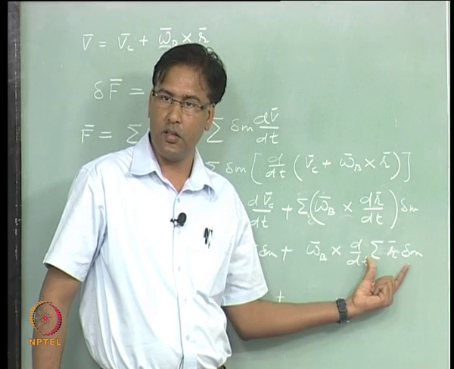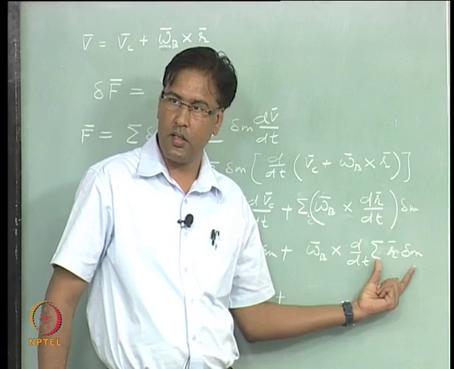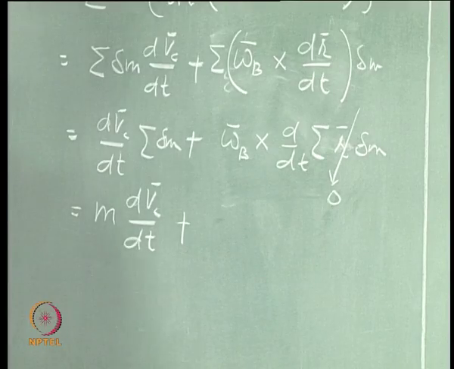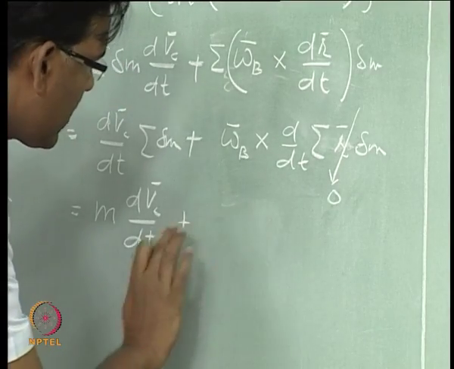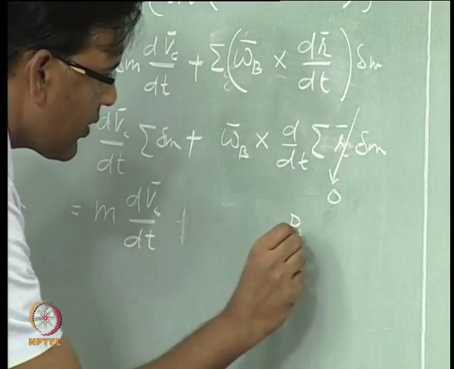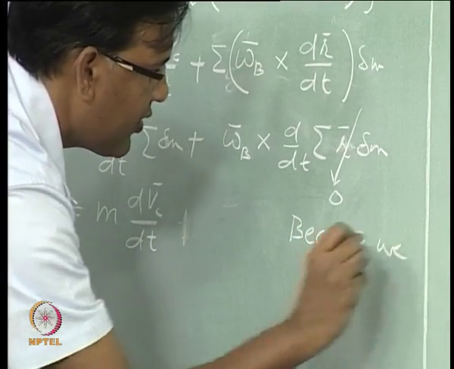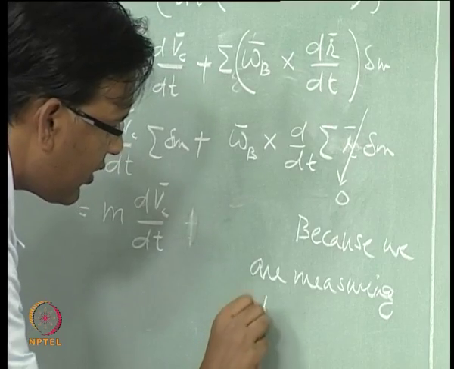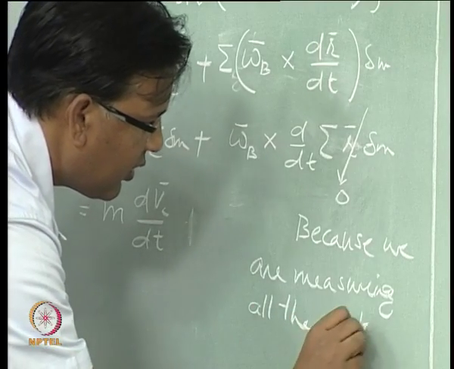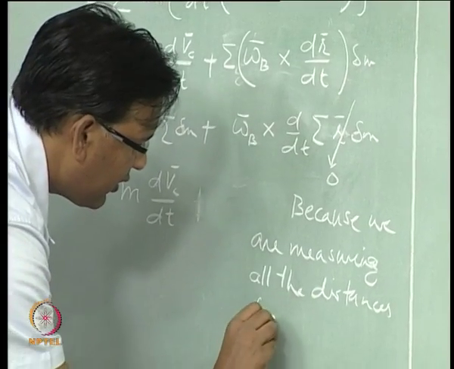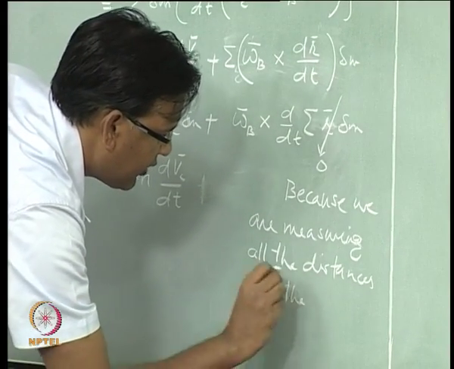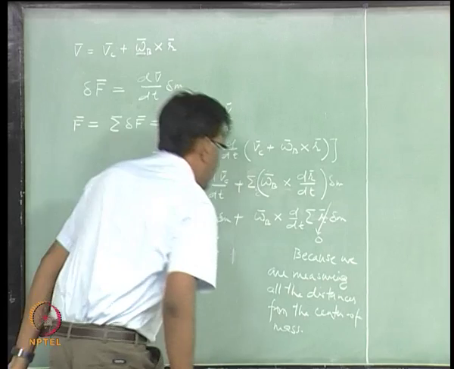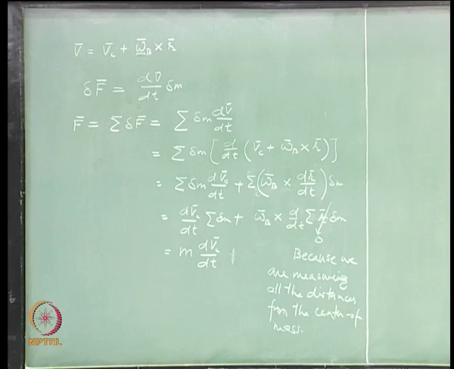So this summation is 0, because this is the definition of the center of mass, right. Any question?